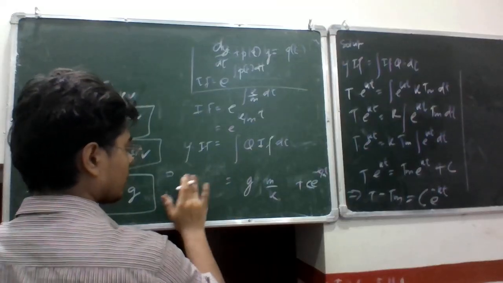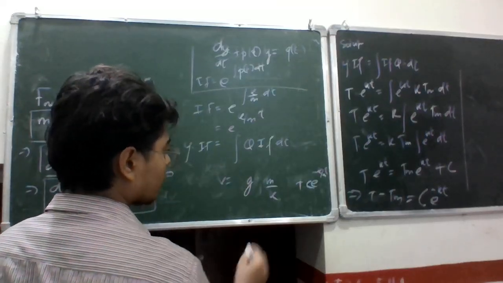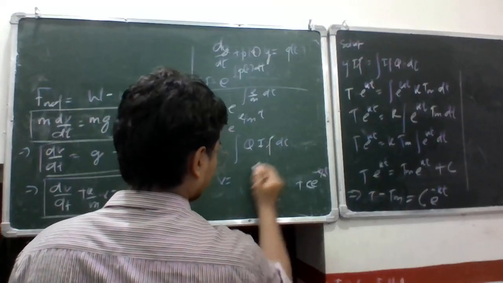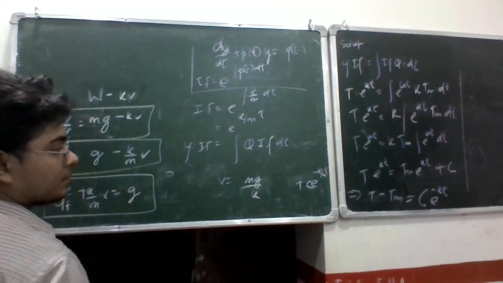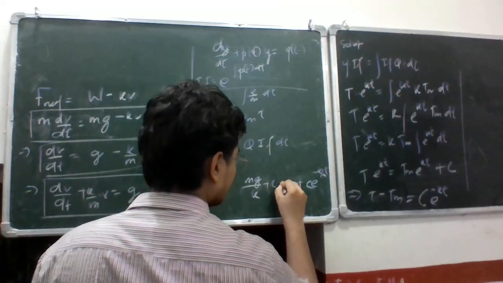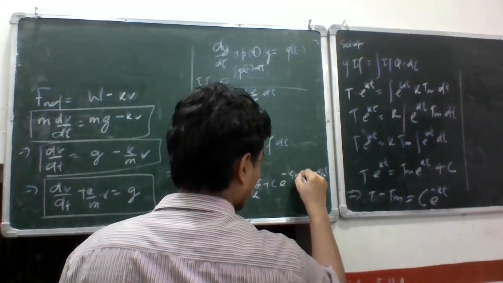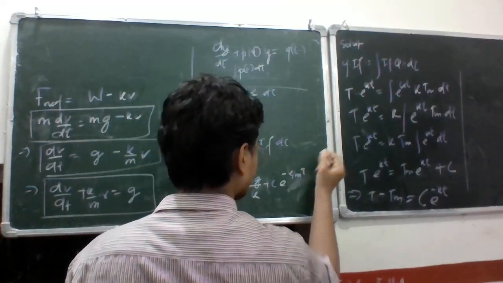So our solution looks like v equals mg by k plus c e to the power minus k by m t.